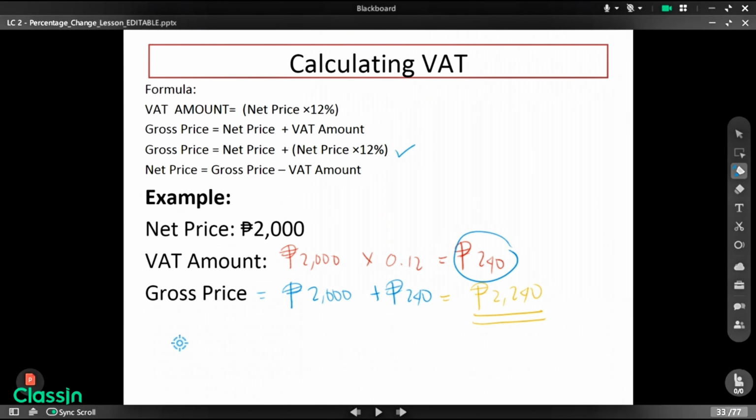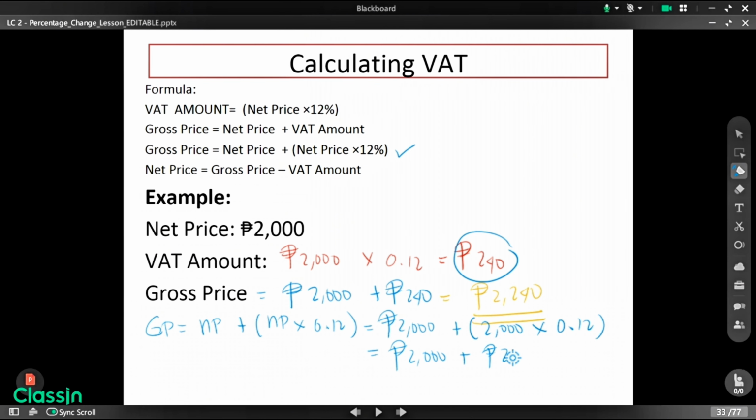Gross price is equal to net price plus net price times 0.12. So it will become 2,000 plus 2,000 times 0.12. So the answer is still 2,240.